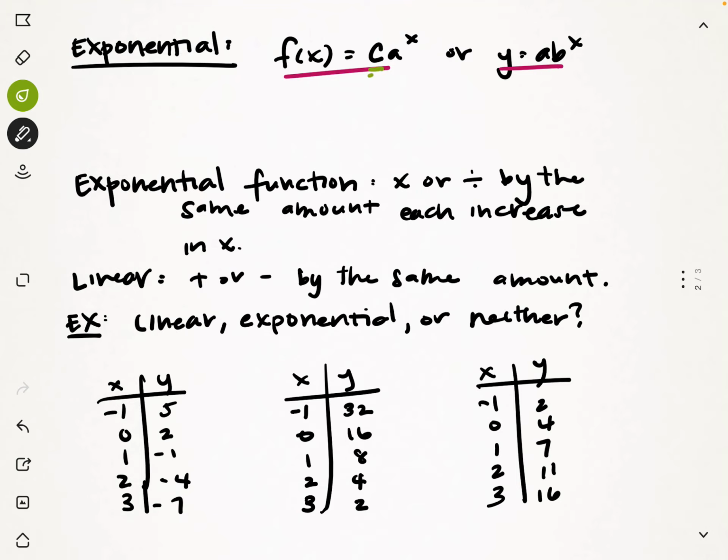So whatever thing is in front, the c or the a, these are the initial values. Initial value means the f of 0. So if our exponent x is 0, then the a or the c would be the starting amount, on our y-axis, where we would be.